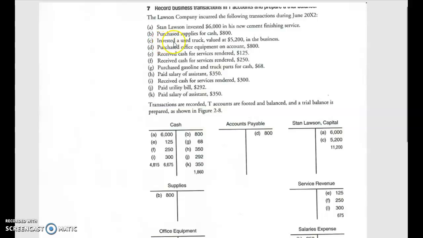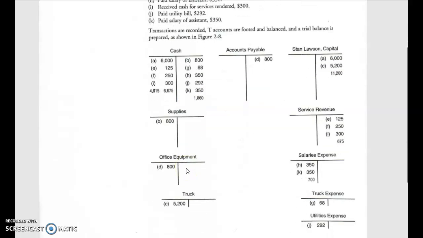Transaction C, invested a used truck valued at $5,200 in the business. So we know also that is like investing cash. So we are investing the truck. The truck is an asset. So we are debiting the truck for $5,200.